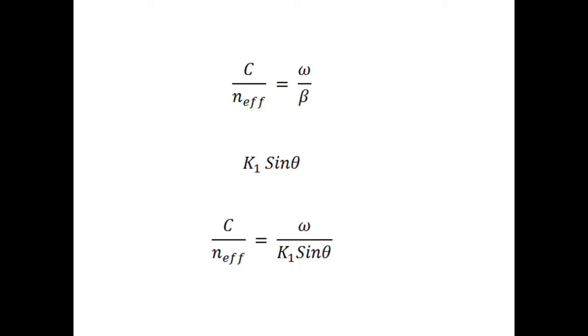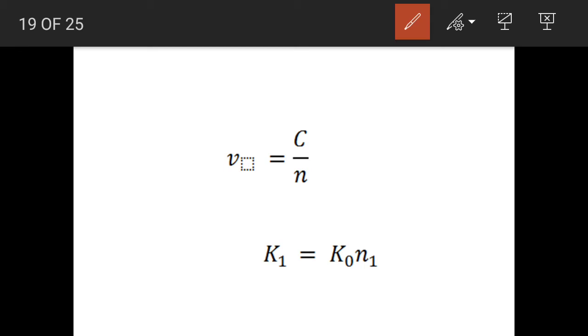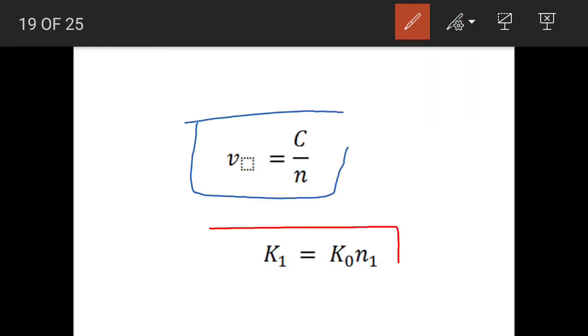We know that V is equal to C by N. We know this particular relationship, and we know that K1 is equal to K0 into N1.